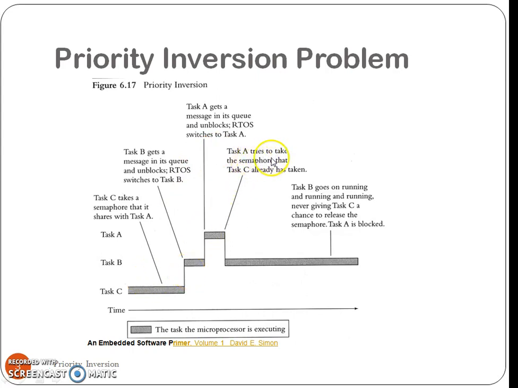Now task A tries to take the semaphore that task C has already taken. Now after task A is over, task B will be requesting the semaphore, and so task B goes on running until it completes its task, and so task A is blocked.